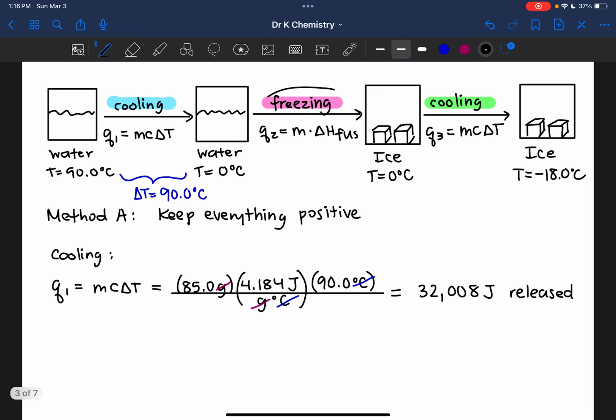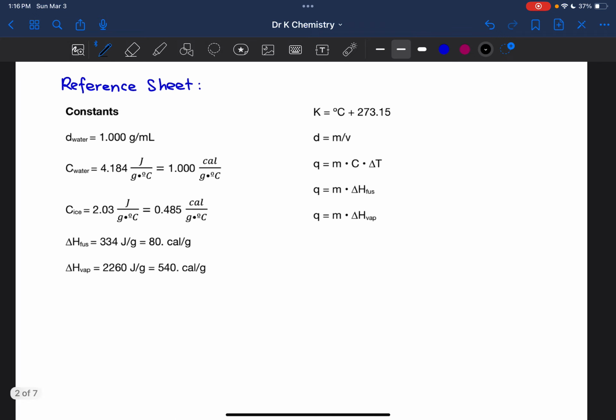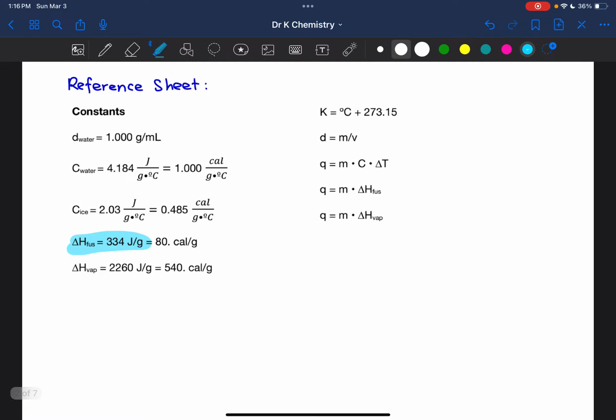Now we are freezing. And the equation for that was mass times the heat of fusion. Mass is the same, 85 grams. And I'm going to look up the heat of fusion, which is listed right here. So I'll write that value down.